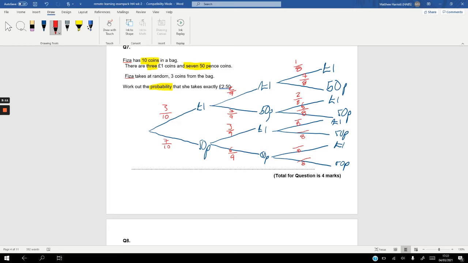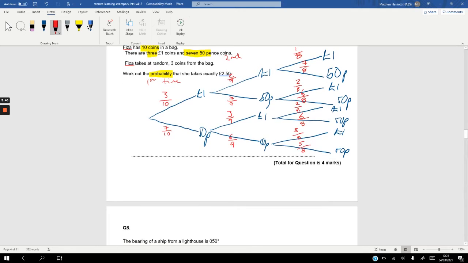Here I've taken 1 50p and 1 £1, so again I'm going to have 2 and 6. Here I've taken 2 50p, so I'm still going to have all 3 £1, but only 5 50p. This is all of my probabilities of each individual time I'm taking this. Okay, so up here is the first time, this is the second, and this is the third time I take the coin.